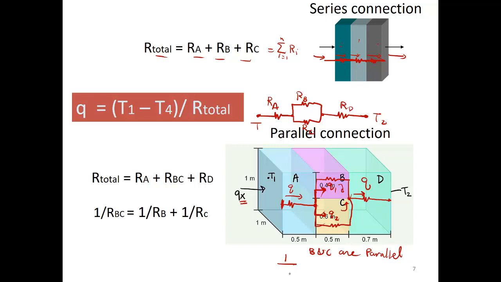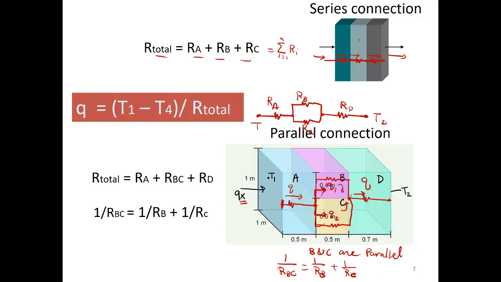So 1 over the total for B and C, I'm going to call it BC in this case, is equal to 1 over the resistance for B plus 1 over the resistance for C, and then we can flip it. I'm not going to take a direct rule for flipping because you might have 3 or 4 materials, so you will always use the inverse. So 1 over R equals the sum of the inverses of the resistances of all the individual materials, and then you can work it out.